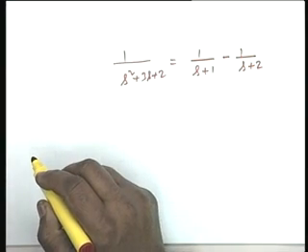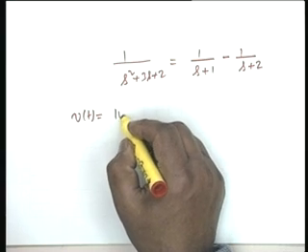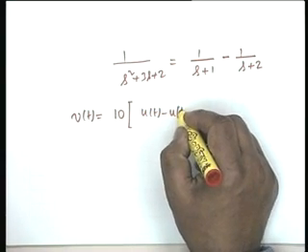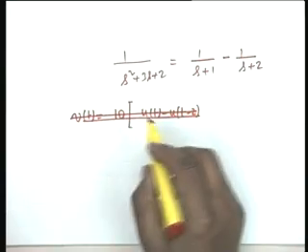Is that okay? Alright. Therefore my V of t would be equal to 10 ut minus ut minus 2. I beg your pardon, this is not correct.